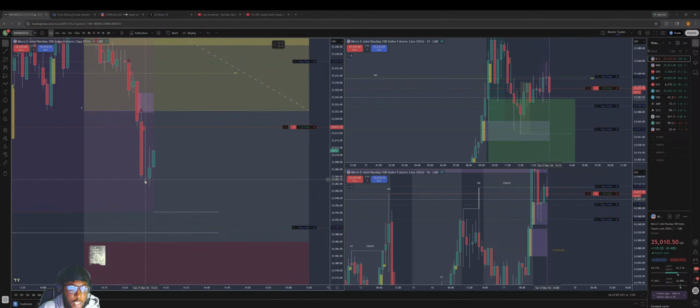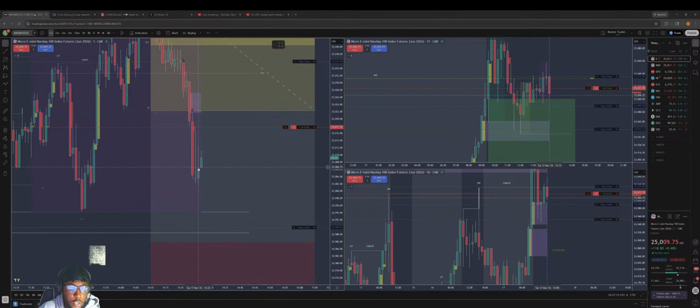That usually signals reversals. So if I'm expecting price to come lower, I don't want to see a candle that's signaling a reversal as price is coming lower, because I want to see heavy sell candles continuing to push us lower from here.